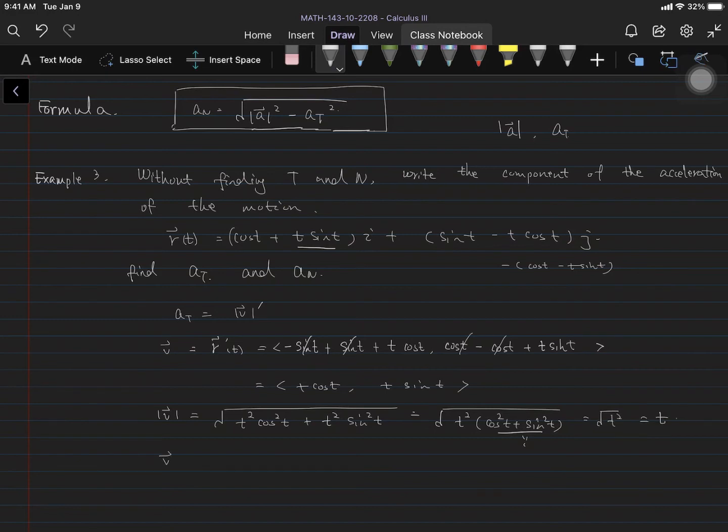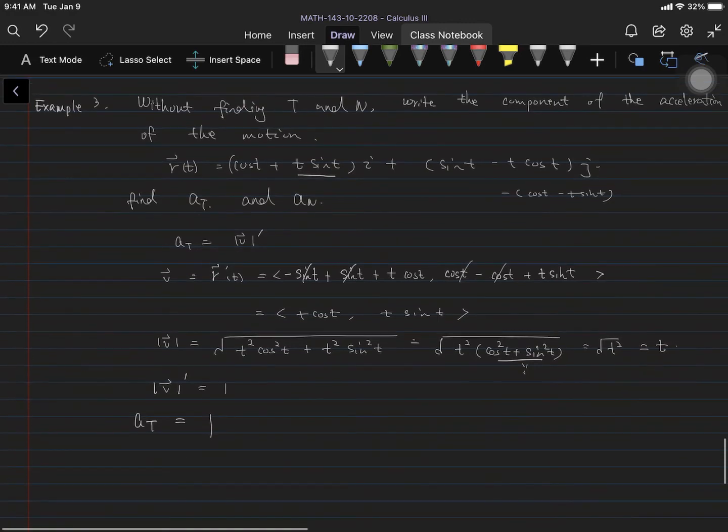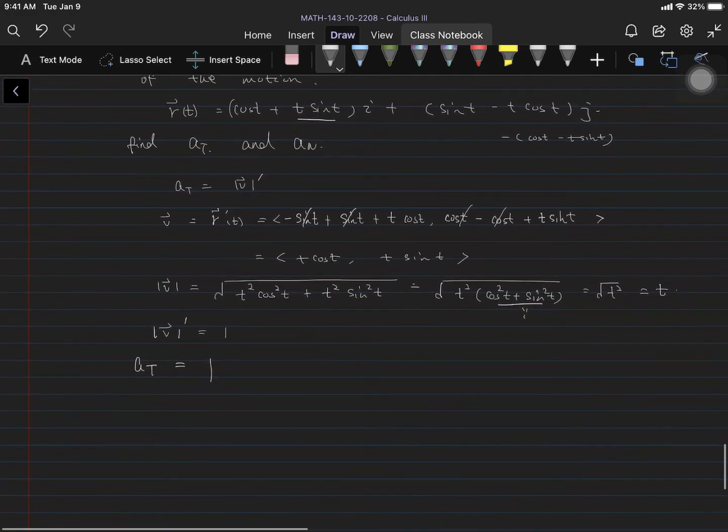And what's the derivative of this one? It's just 1. So we find our a_t, which is 1. Right? a_t is just the derivative of the length of the v vector.